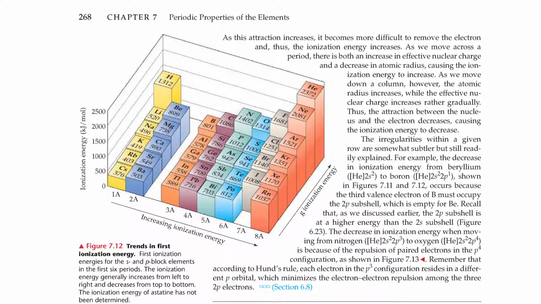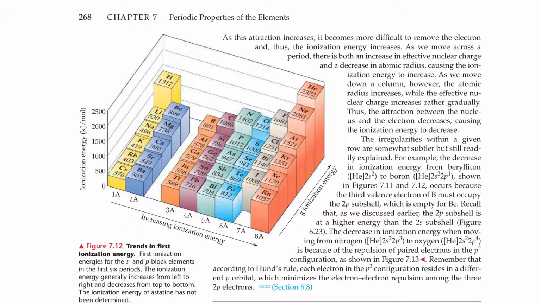For example, the decrease in ionization energies from beryllium to boron, shown in Figures 7.11 and 7.12, occurs because the third valence electron of boron must occupy the 2p subshell, which is empty for beryllium. Recall that, as we discussed earlier, the 2p subshell is at a higher energy level than the 2s subshell.